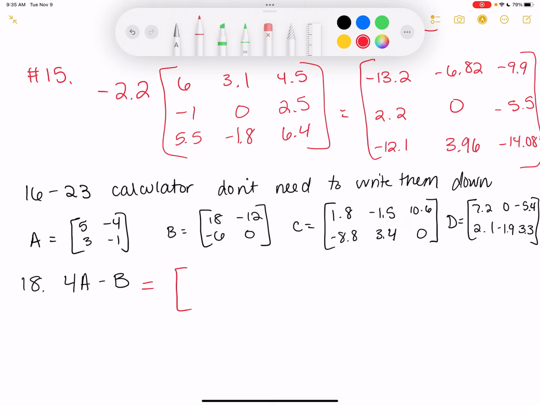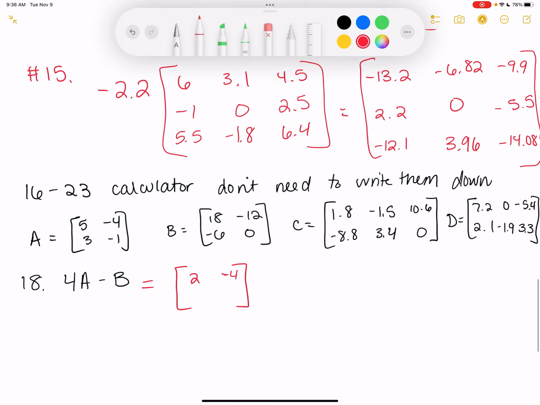I got negative 4, 18. Yeah, negative 4. I forgot about the negative.